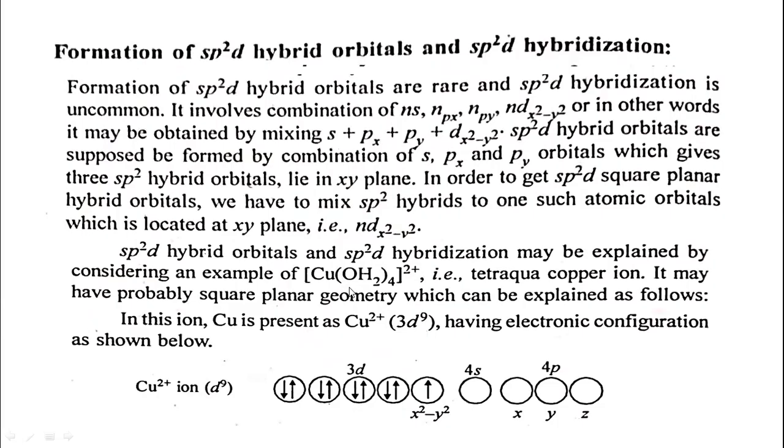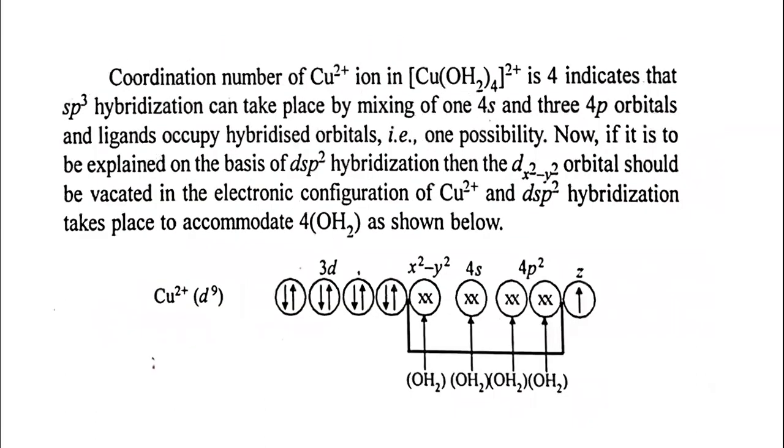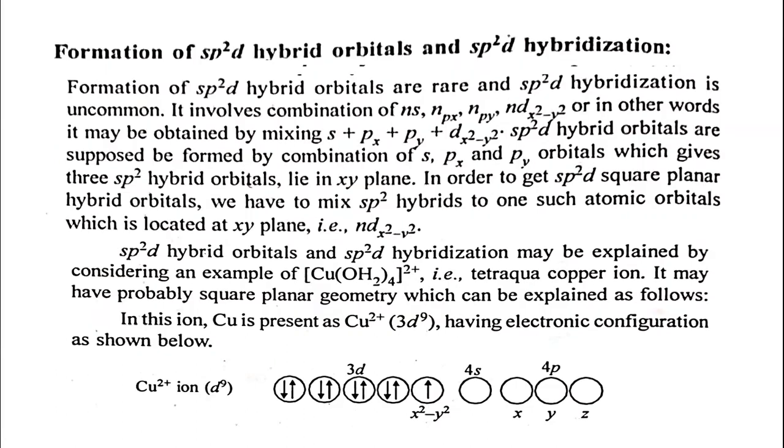Then let us take another example here, sp2d hybrid orbitals and sp2d hybridization. See here, the formation of sp2d hybrid orbitals is actually rare. In very rare cases, sp2d hybridization occurs.